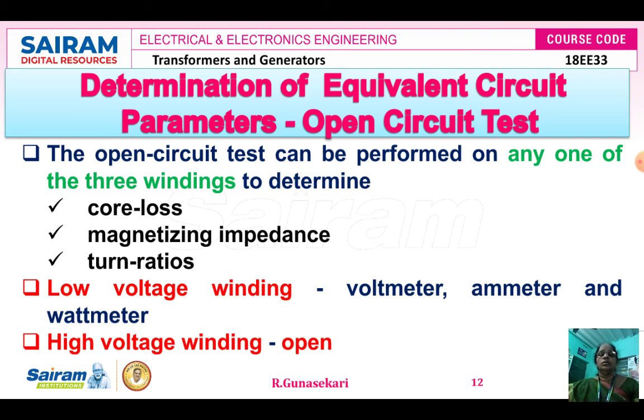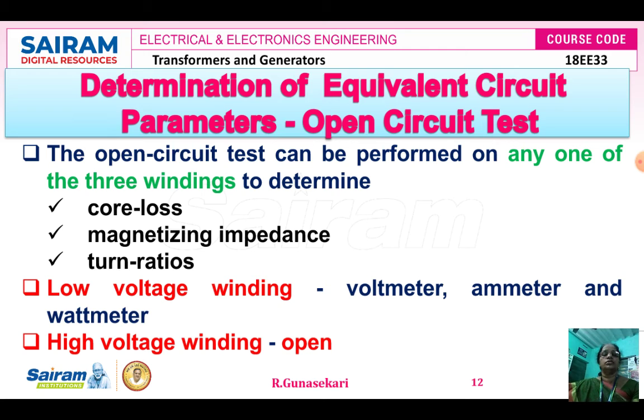Now, how to determine the equivalent circuit parameters by open circuit test. Till now we studied the determination of equivalent circuit parameters using the short circuit test. Now how to calculate the equivalent circuit parameters using the open circuit test for a 3-phase 3-winding transformer.